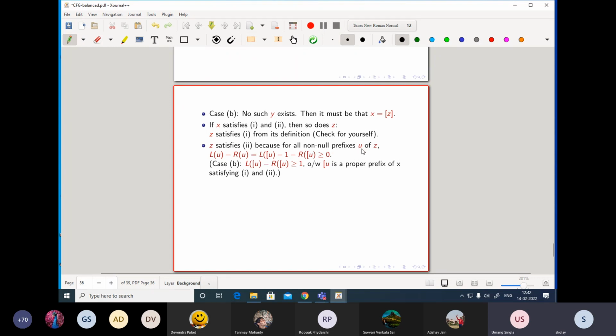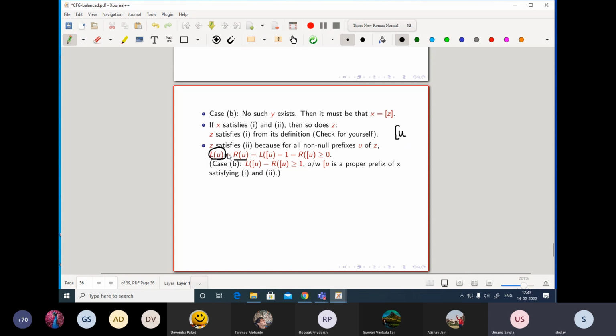Look at all the prefixes of z. Look at Lu minus Ru. I want to see whether this surplus function is greater than or equal to 0 or not. U is a prefix of z. Consider bracket u. This will be a prefix of x, right?